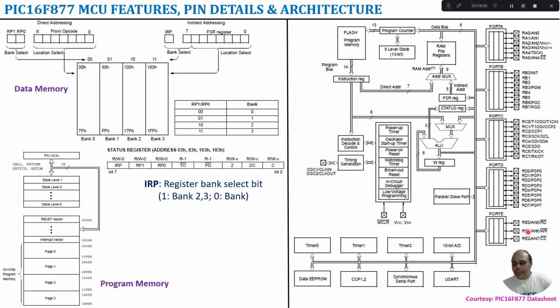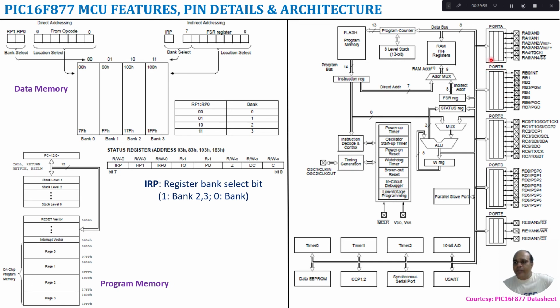In port E, in addition to digital pins and analog pins, I have other functionalities like read, write and chip select. If I connect an external EEPROM memory, then I need to read data from that memory, write data into that memory, and select that memory. Those things can be done with the help of this RD bar, WR bar and chip select signal.